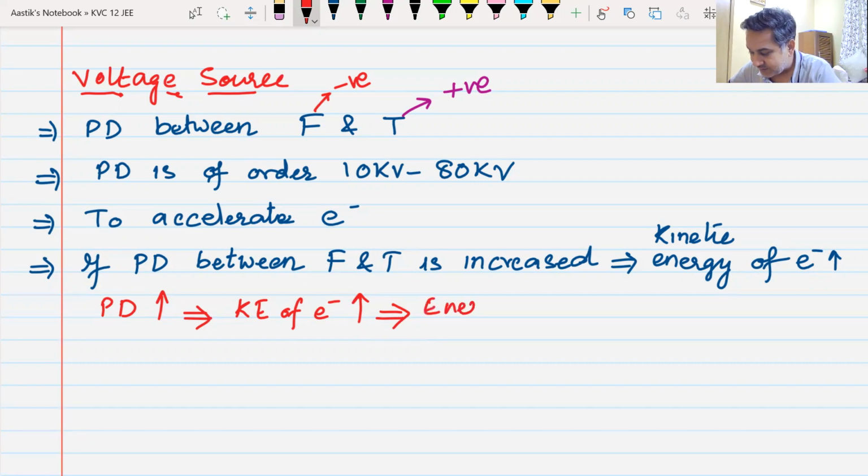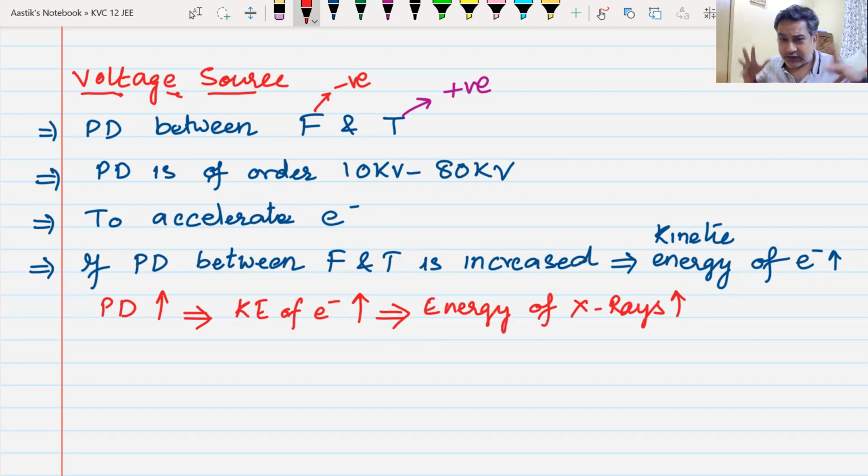Energy of X-rays increases. You will have X-rays with more energy coming out. More deadly X-rays. More energy means it can do more damage, more penetrating power. We will come to that.